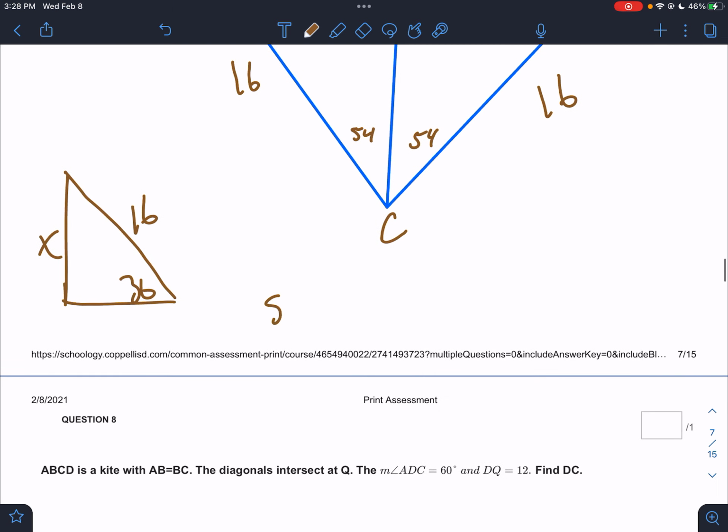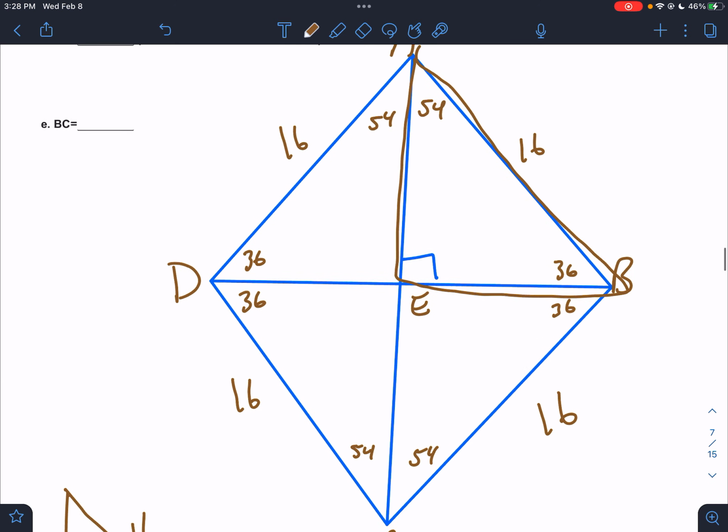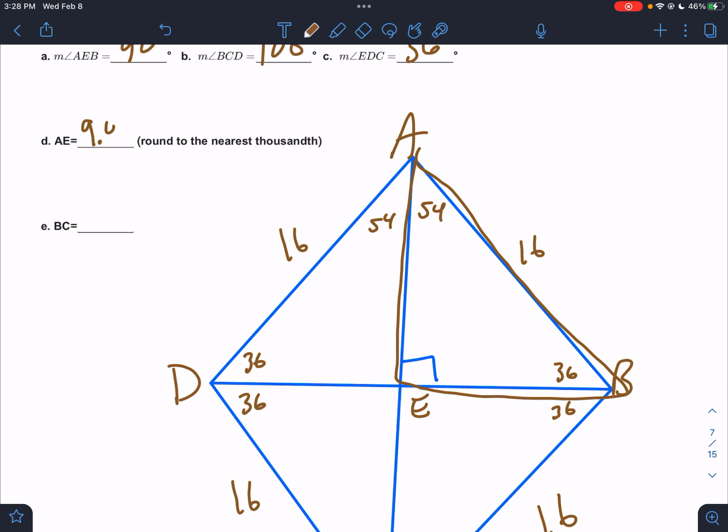So that would be the sine of 36 equals x over 16. X is up high. All you got to do is multiply. So it'd be 16 sine 36. It says round to the nearest thousandths. That'd be 9.405. So AE would be 9.405.